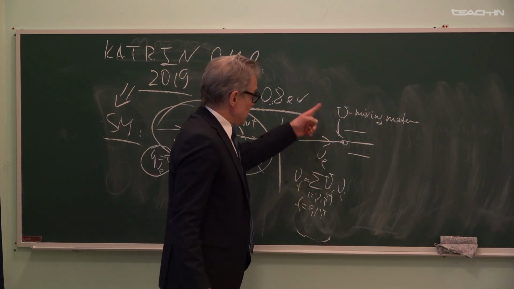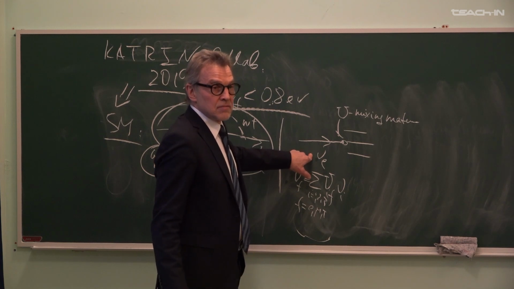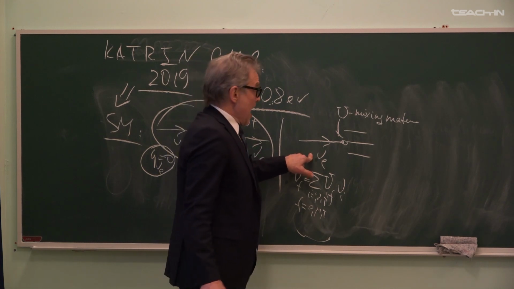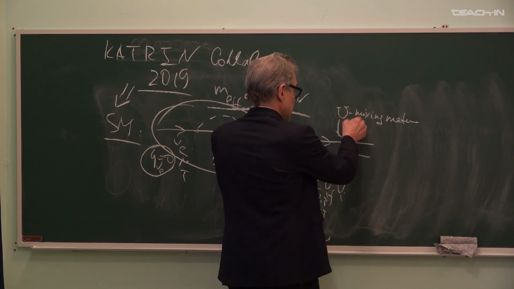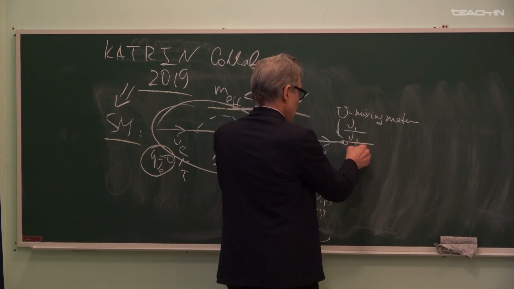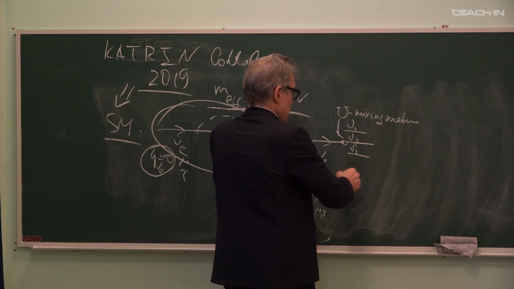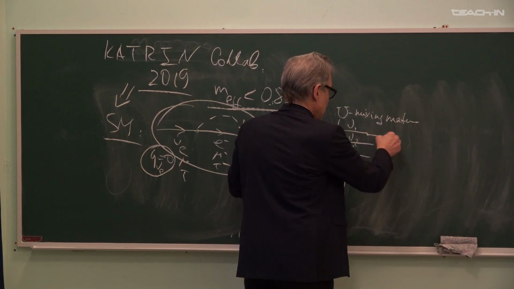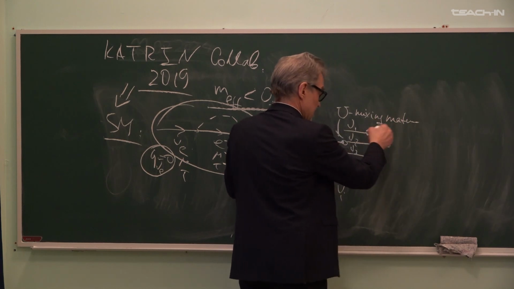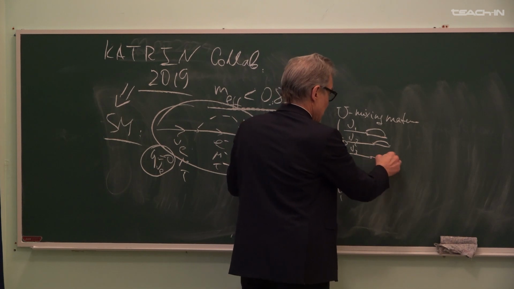I just make this decomposition. As this is neutrino 1, neutrino 2, neutrino 3, and these are the mass states, we can put here the diagrams that contribute.